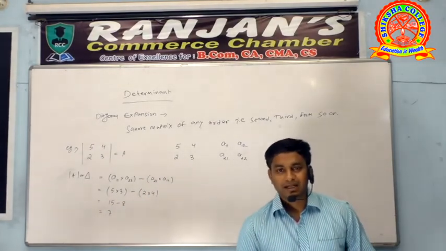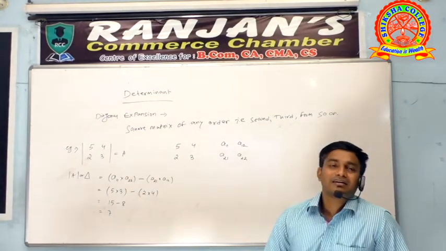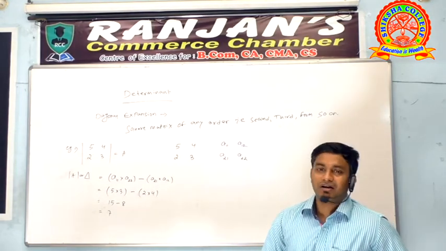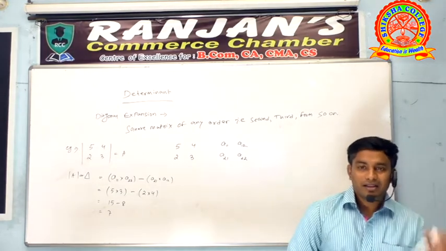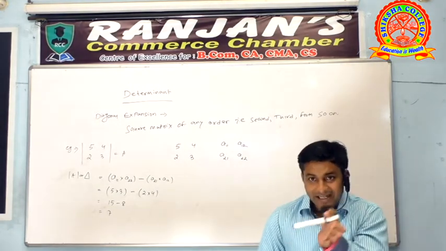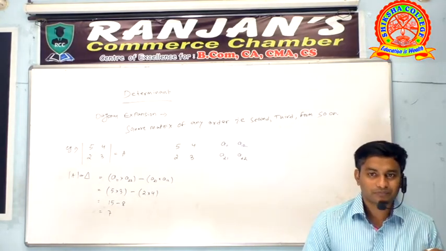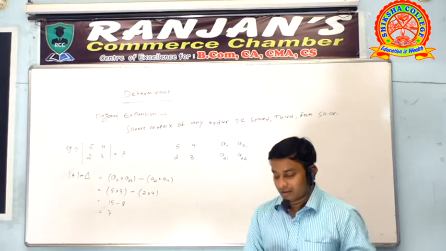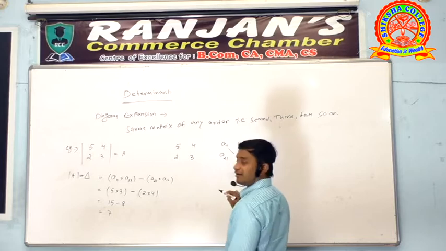Okay, clear students? Is it clear how to find the determinant of a second order matrix? Very simple. We multiply the first, leading diagonal, minus the other diagonal. The one diagonal we call the leading, the principal diagonal.